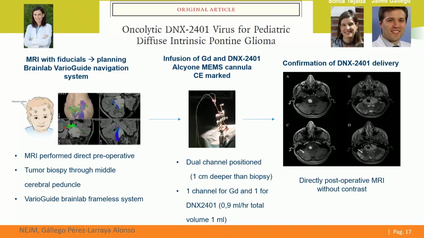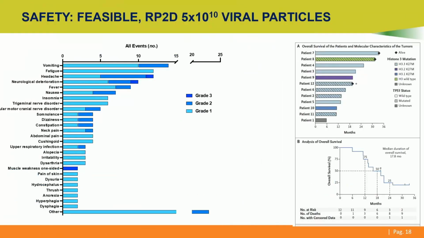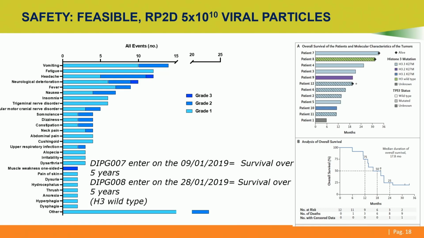And then after the surgery, if you do an MRI without gadolinium, you could see that it is actually in a place where you want it to be. And this trial didn't have any major safety issues, and had a median survival of 17.8 months. And also here you see some long-term survivors, like for a lot of other trials.